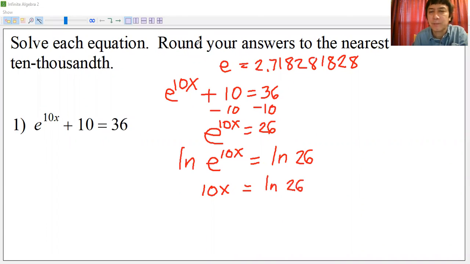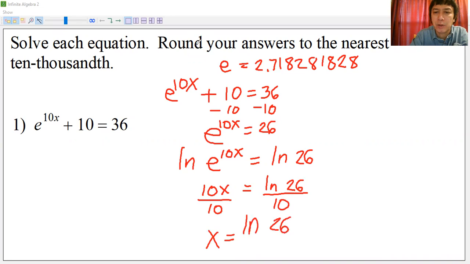And so we're going to divide both sides by 10. So x is equivalent to ln of 26 over 10. And we shall calculate this. We use a scientific calculator for this: ln of 26, and then we divide by 10.